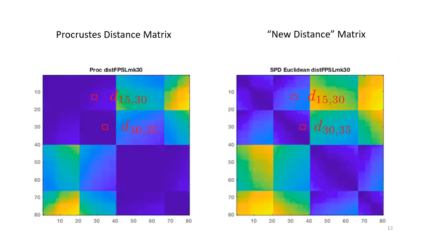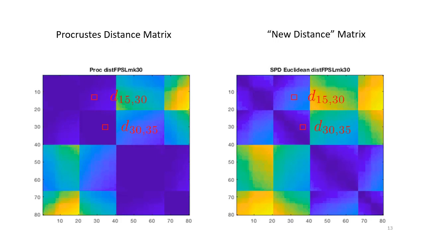So I have two distance matrices. One is the matrix that I get from computing Procrustes distance between shapes, and the other is the matrix that I get from using the new distance, or the matrix representation. Because it is hard to look at 80 by 80 matrices, I color code the numbers for you.